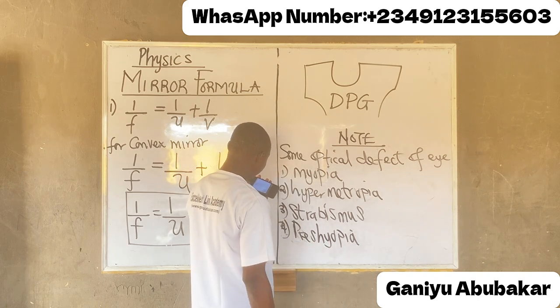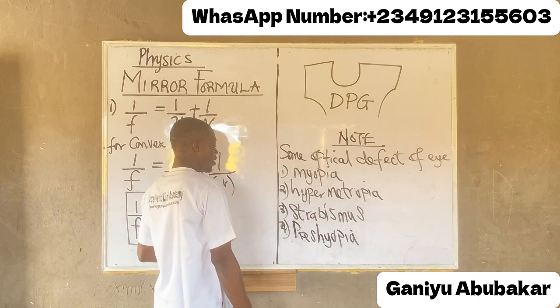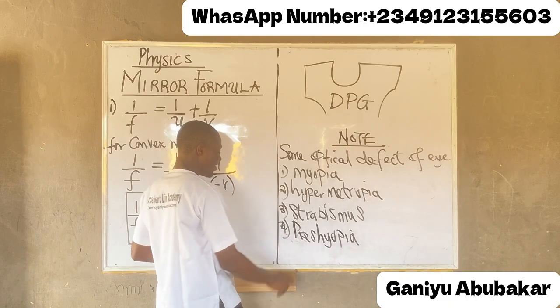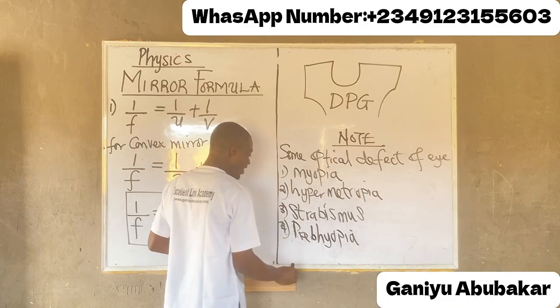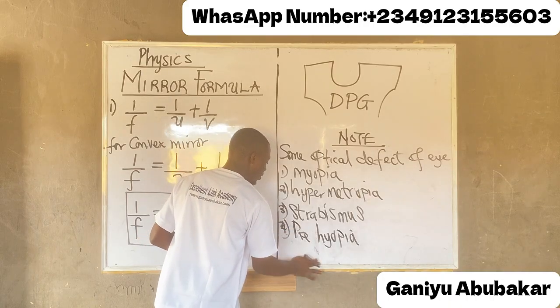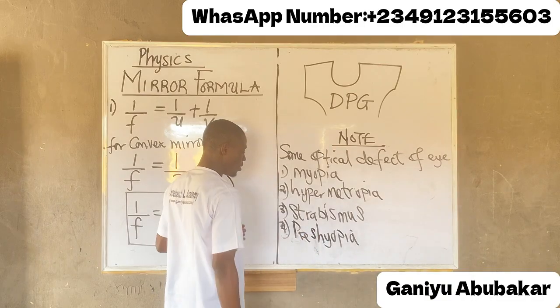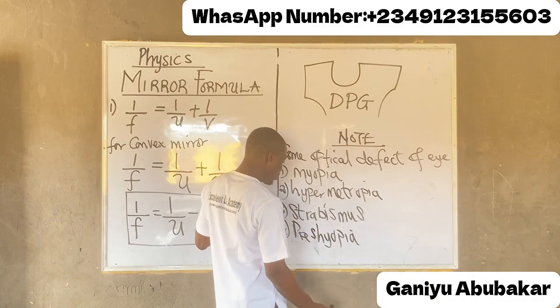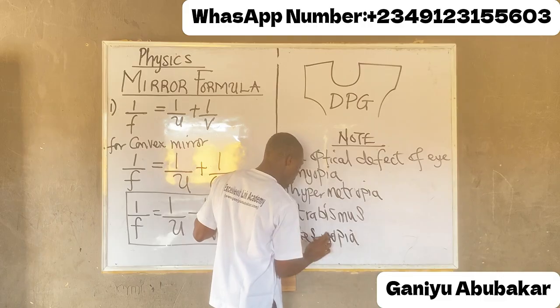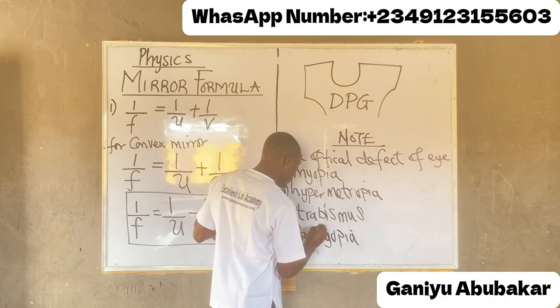Are you sure it's B? Are you sure it's B? B that is here. Are you sure? Okay.